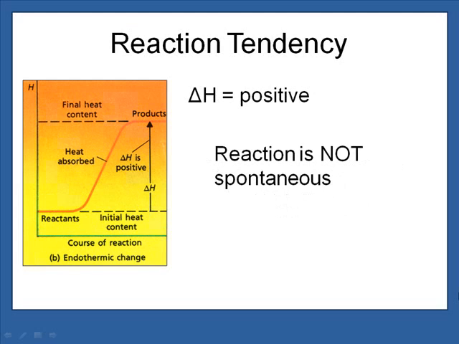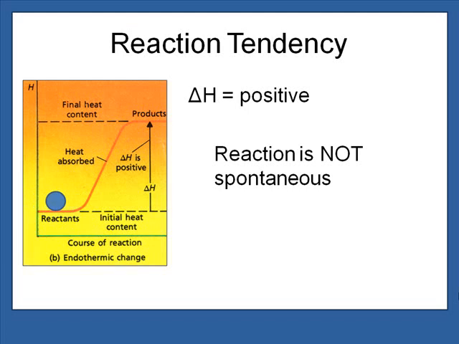On the opposite side of things, imagine that we have a ball at the bottom of this hill. This is the potential energy diagram for an endothermic process. If I try to get this reaction started the same way, just give that ball a little nudge, well, the ball doesn't go very far. Regardless, it didn't go all the way up the hill.